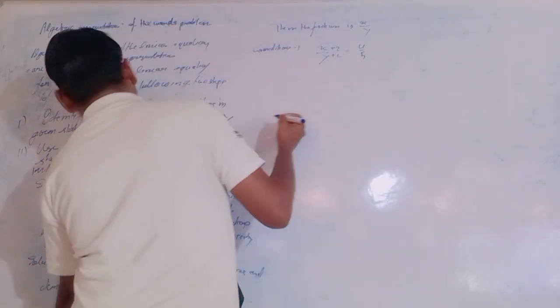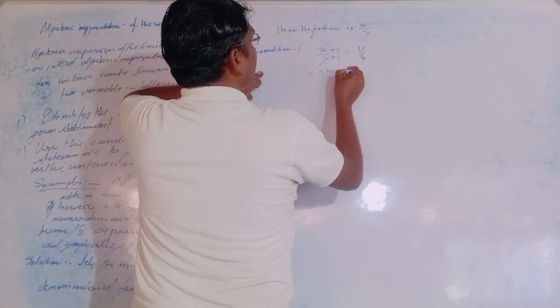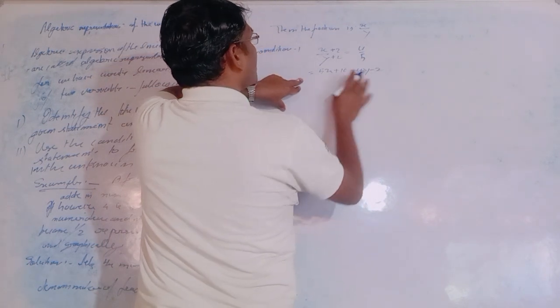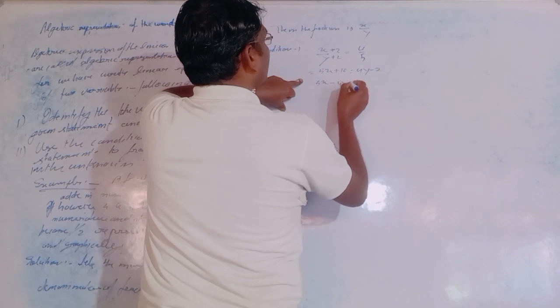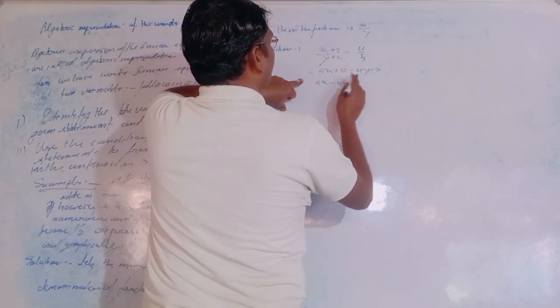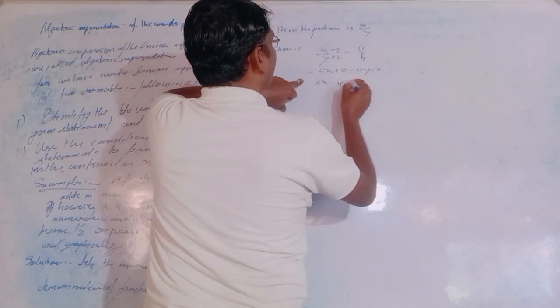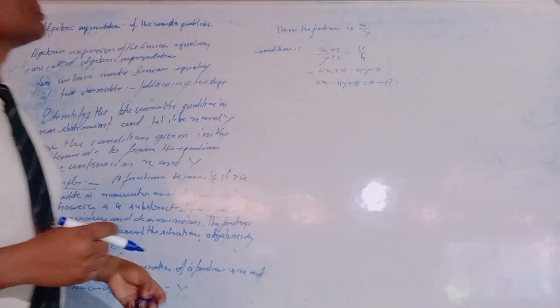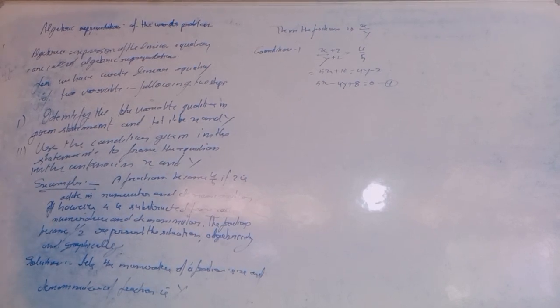Then after cross multiplication, we get 5x plus 10 is equal to 4y plus 8.